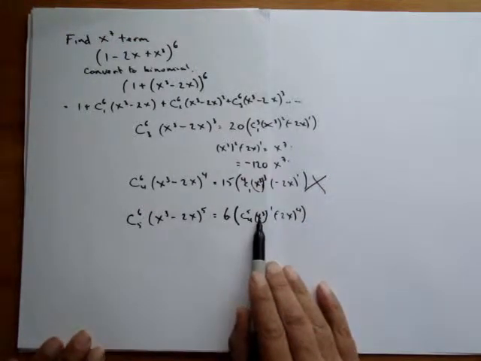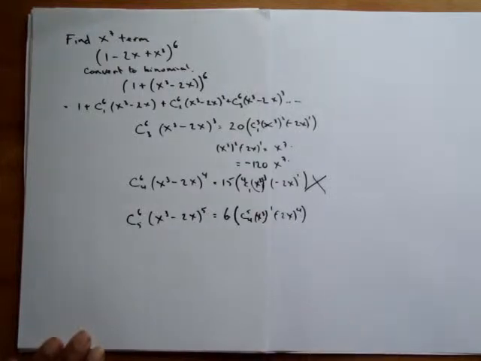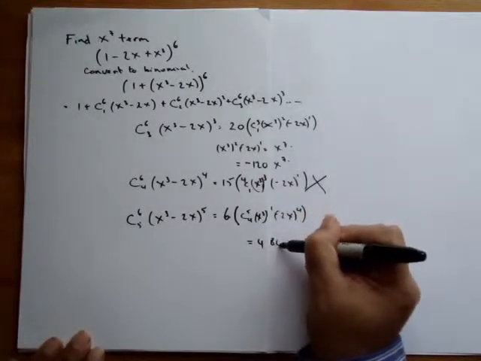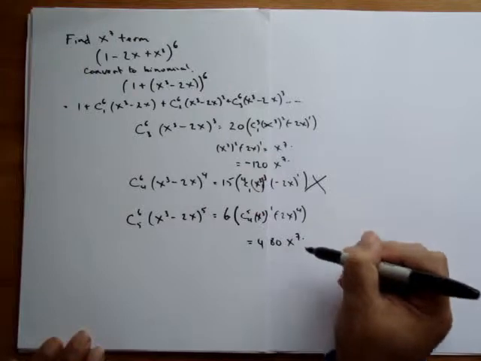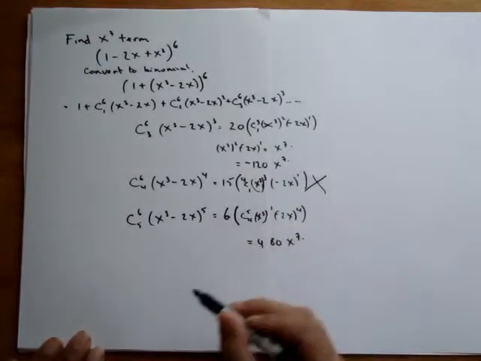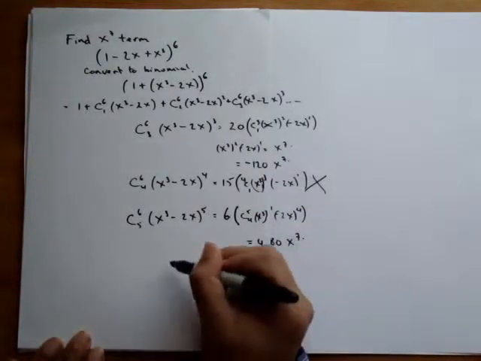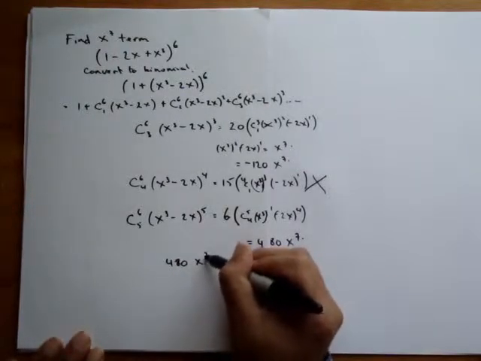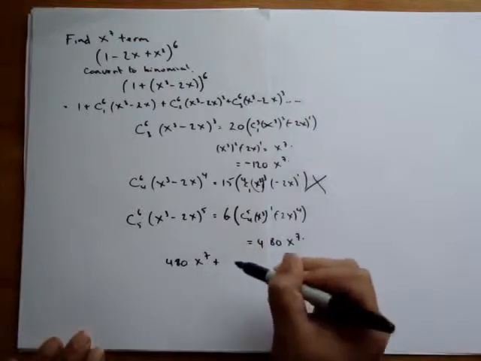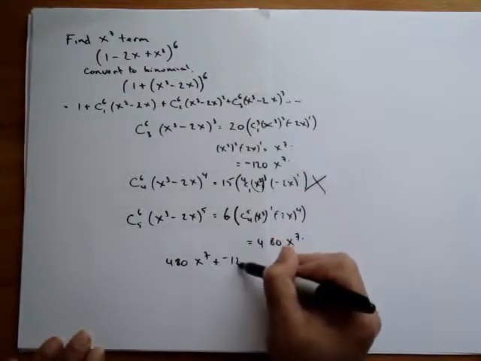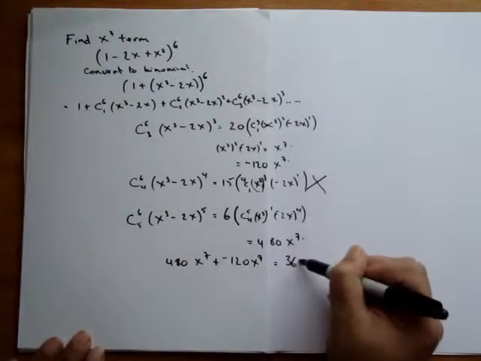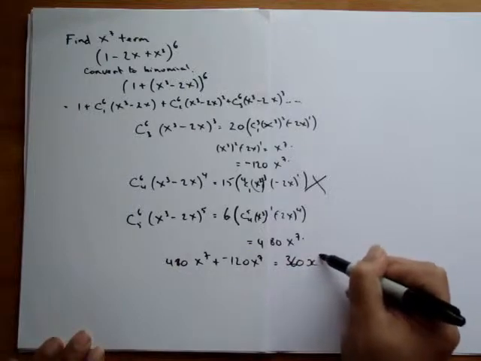So we can see this is x to the power 3 and x to the power 4 multiplied together. That will give us an x to the power 7. So this equals 480 x to the power 7. So when we add these two together, 480 x to the power 7 plus minus 120 x to the power 7, we get 360 x to the power 7.